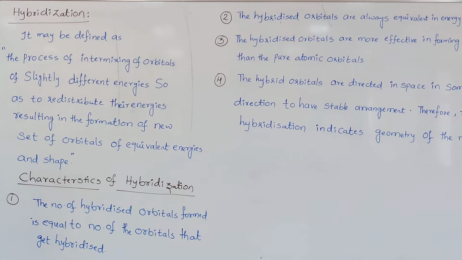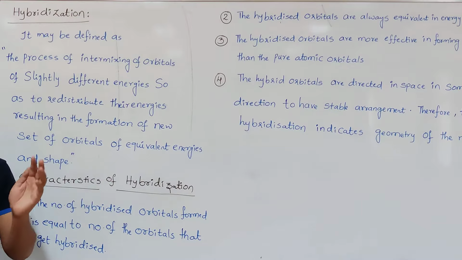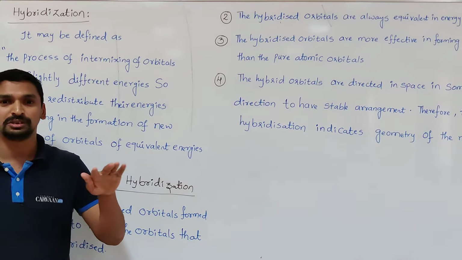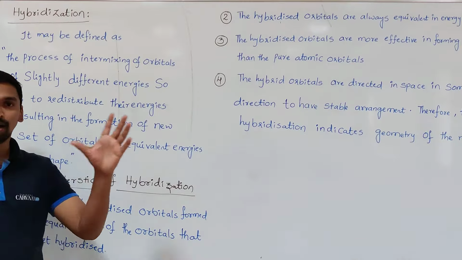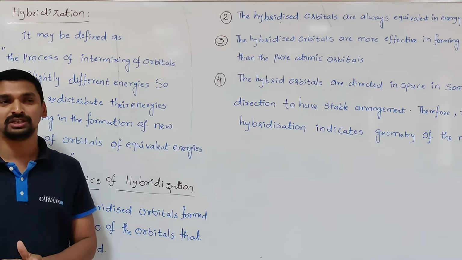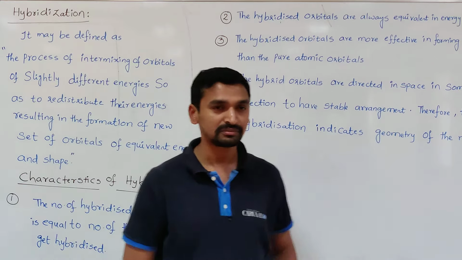In hybridization, atomic orbitals of slightly different energy mix together. As a result, they equally distribute the energy. Then they are hybridized to form a set of new orbitals, which are equal in energy and equal in shape. That process is called hybridization.